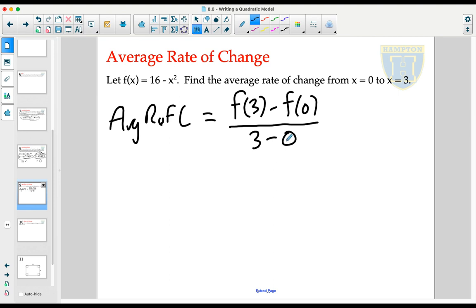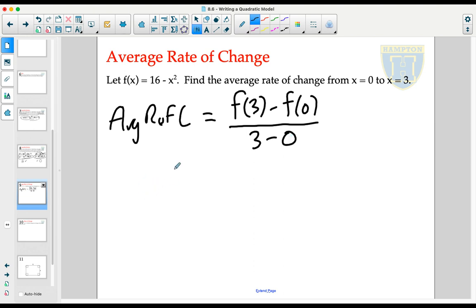Now, that does not mean that average rate of change will only work when x is a time variable, seconds, minutes, hours. That's not the intention of the average rate of change calculation, and it's not a necessity. It's just an easy way to frame in your mind how to think about average rate of change, because that's how we're used to thinking about rates of change, according to time.